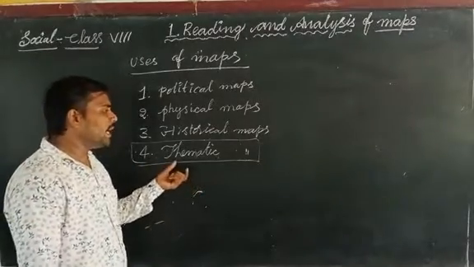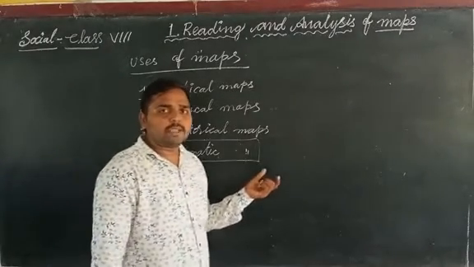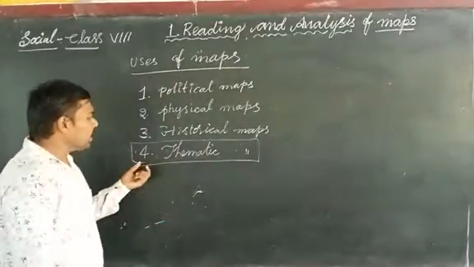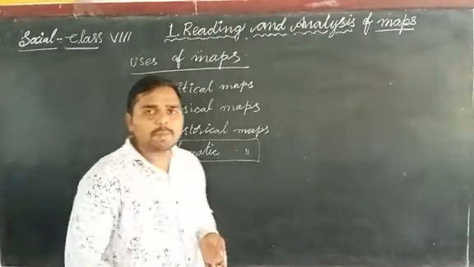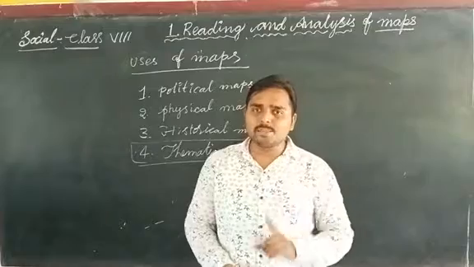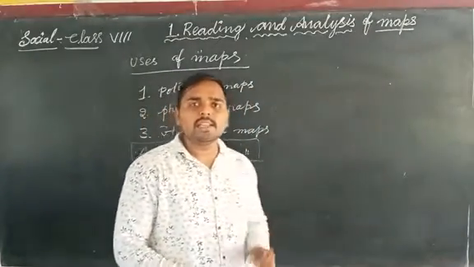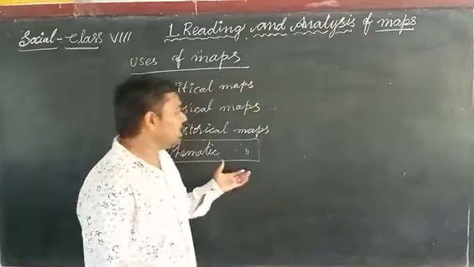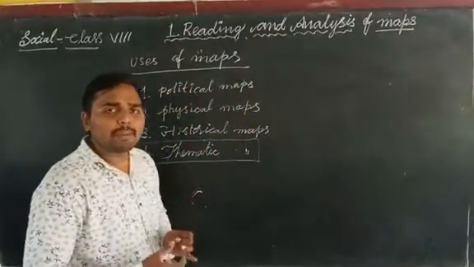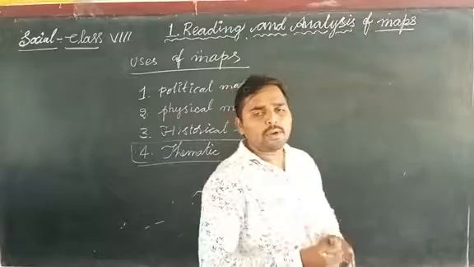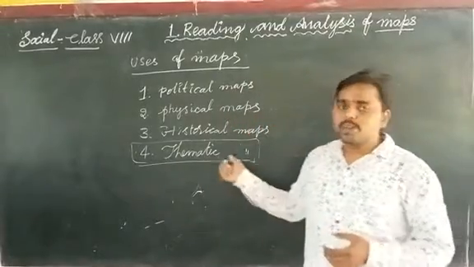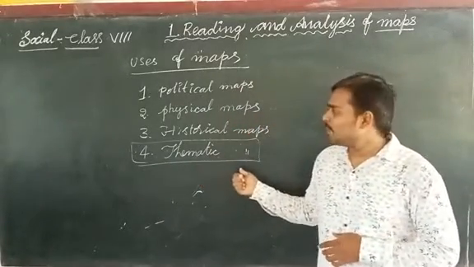With the help of these thematic maps, we are representing so many things on the maps. Thematic maps means the maps which are showing only one aspect. They are called thematic maps. Just now we have discussed the rainfall, temperature, population, people, language. These are all shown with the help of thematic maps.